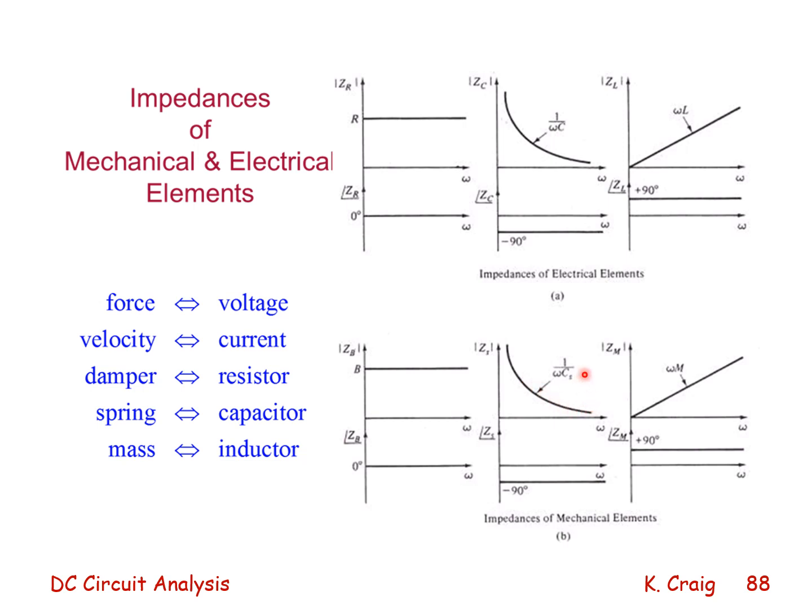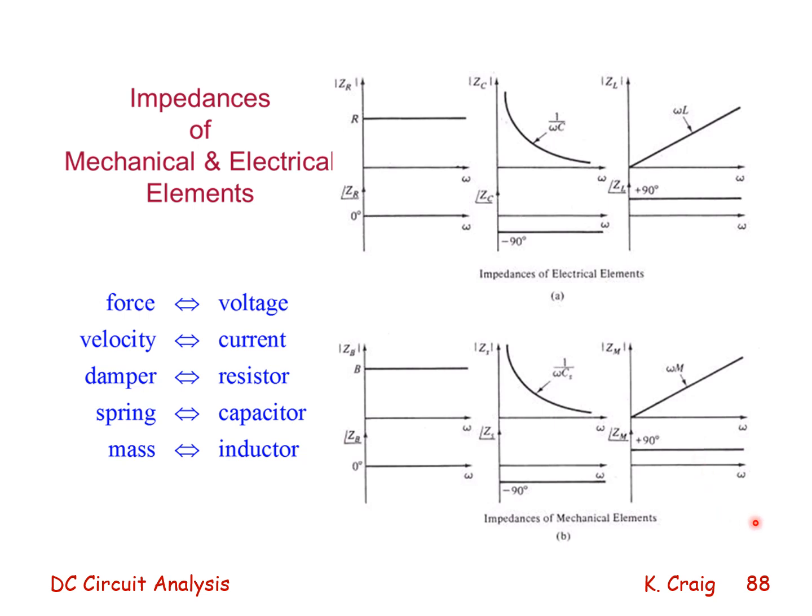The equation is 1 over omega C sub S. The phase angle is -90 degrees. And for a mass, the impedance is linear with frequency, as given by this line and this equation, and the phase angle is +90 degrees.